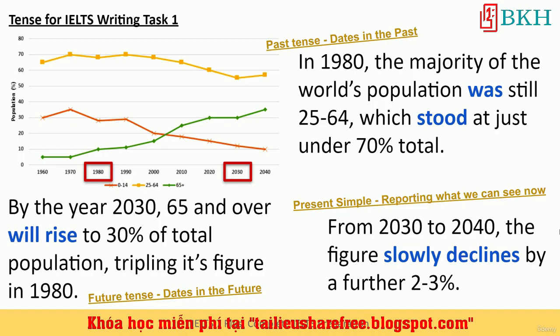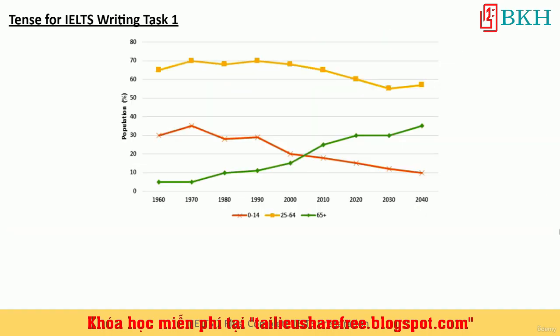So just within these examples, we have 3 different tense types. And the examiner will be really impressed if you can use them in the correct place and accurately. There's also one other tense, an advanced tense, which we can use within our Task 1 report, and that is the past perfect.